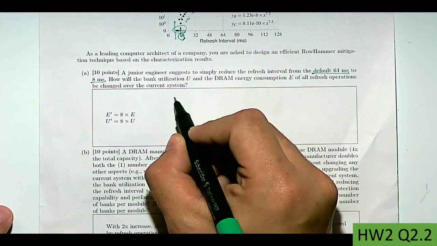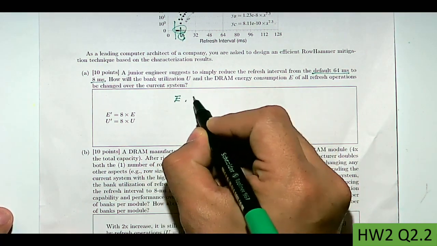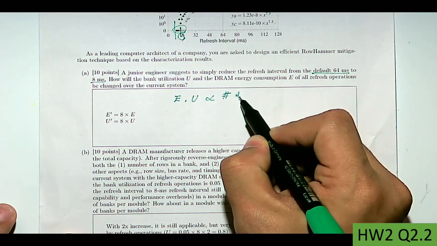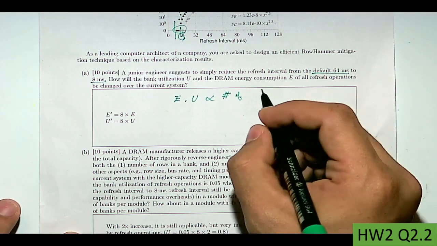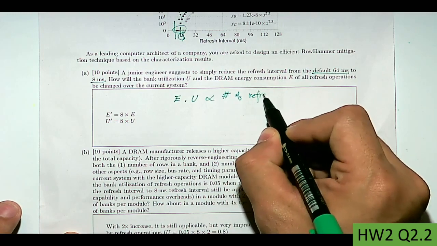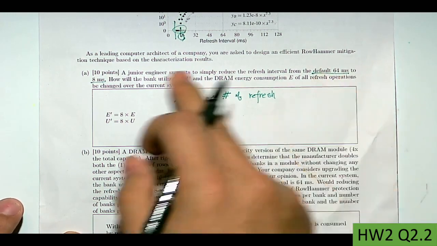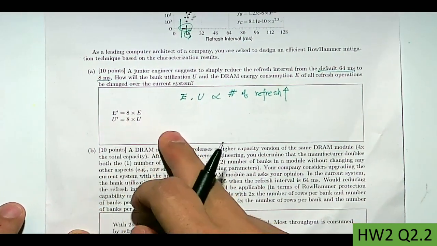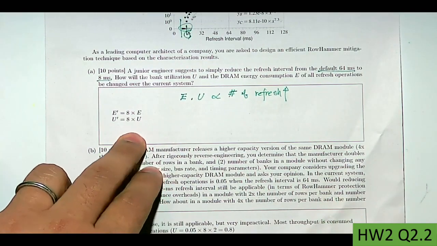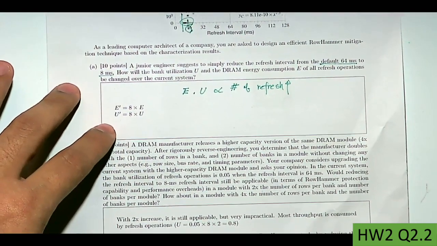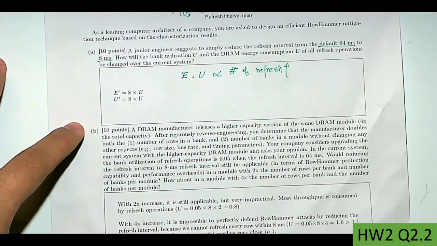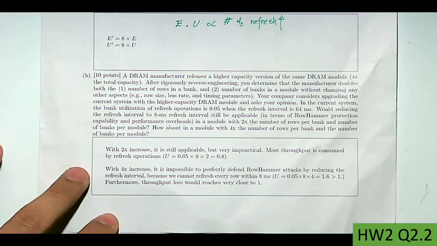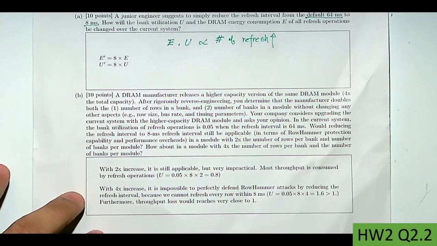So E and U are linearly increased with the number of refreshes, and if we reduce the refresh interval, we increase this. So we can easily know the energy consumption and the bank utilization should both be increased 8 times. Make sense? And the next question is the feasibility of this approach.